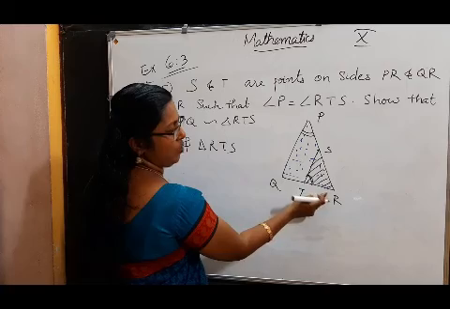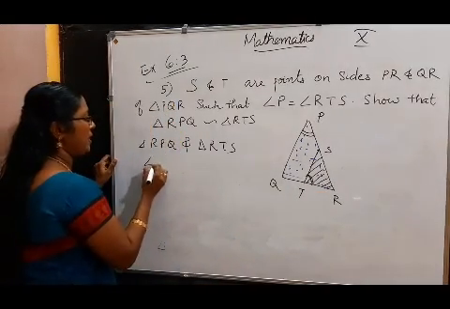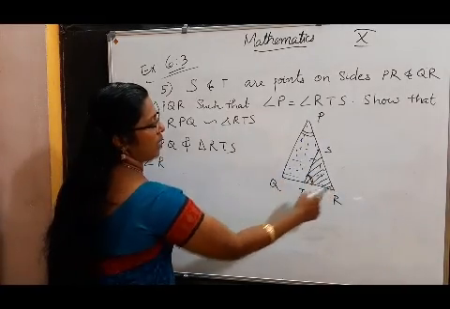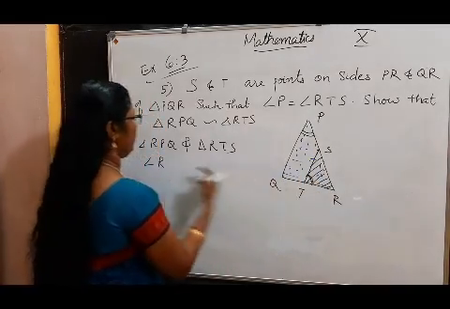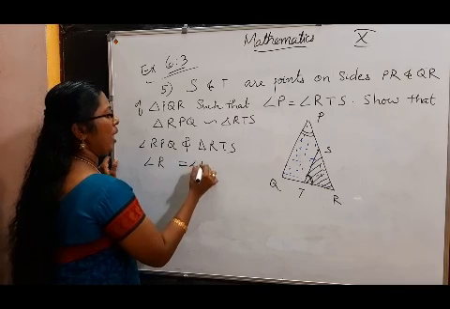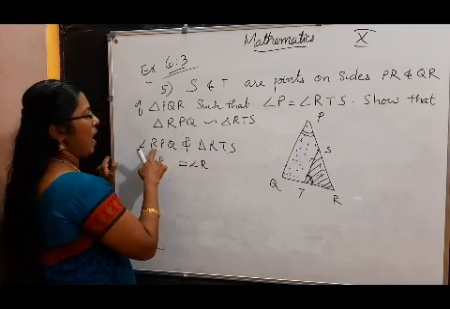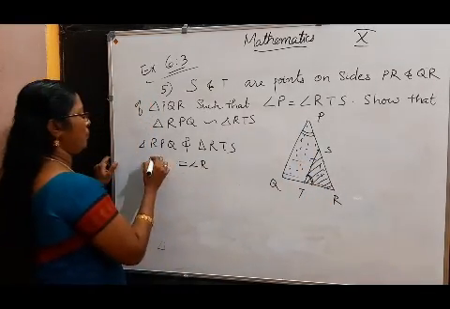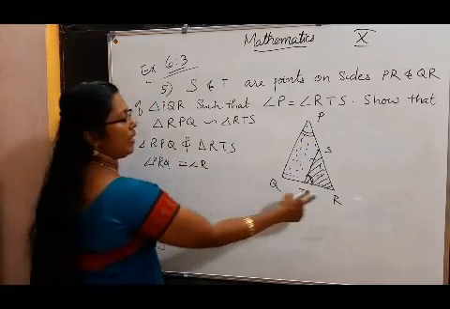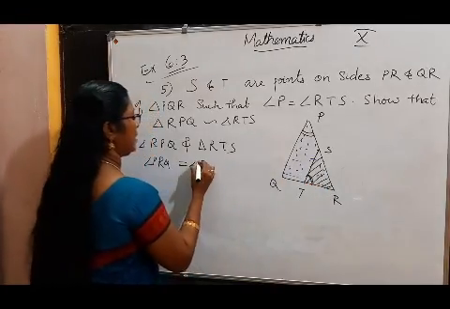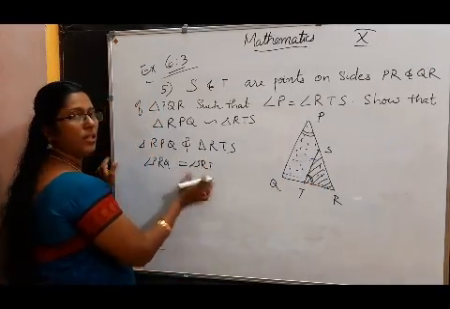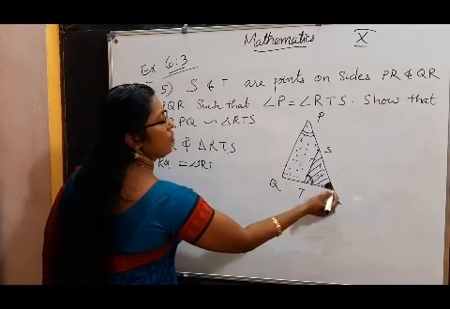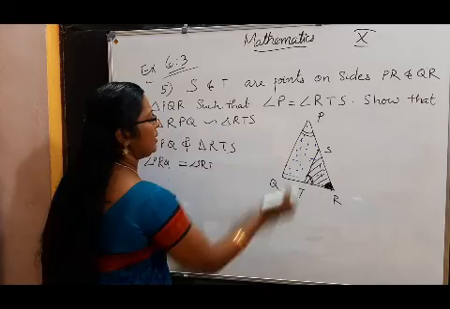The shaded region is common. So we can write angle SRT equals angle PRQ, angle R equals angle R. In this triangle RPQ, angle PRQ, and in this triangle, angle SRT, this angle is common to both the smaller and larger triangles.